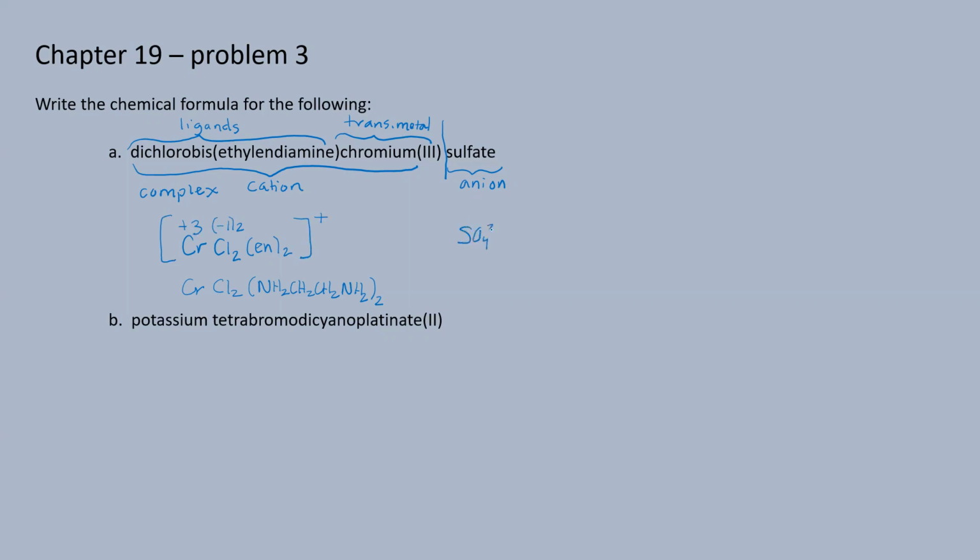That's SO4 2-. So remember when we were way back in Chem 1A, when we put these together, we have to balance out the charge. So since the cation is +1 and the anion is -2, we're going to need 2 cations for every 1 anion.